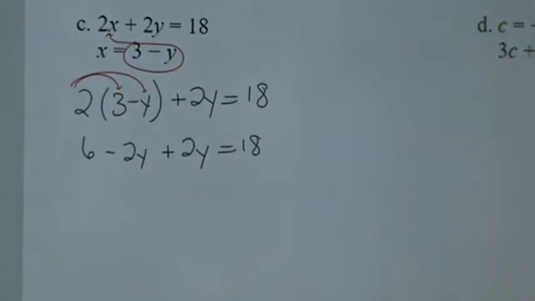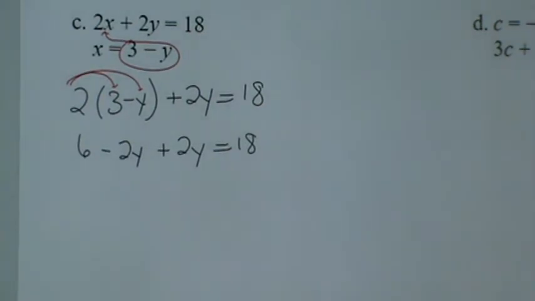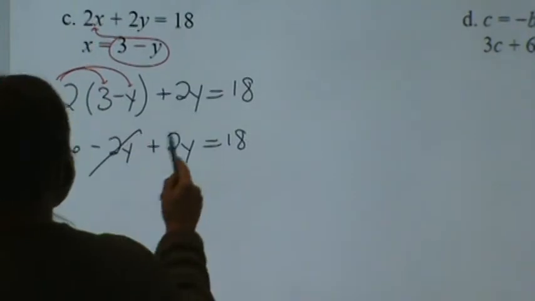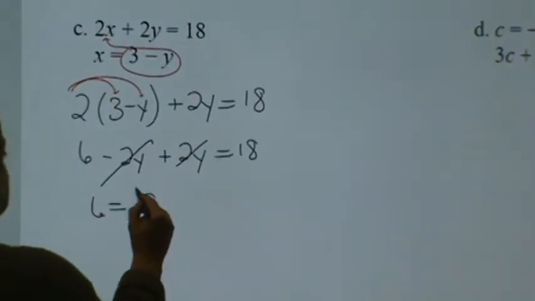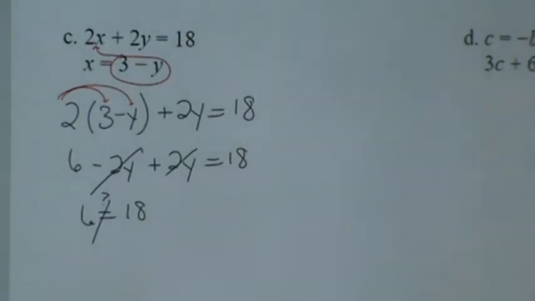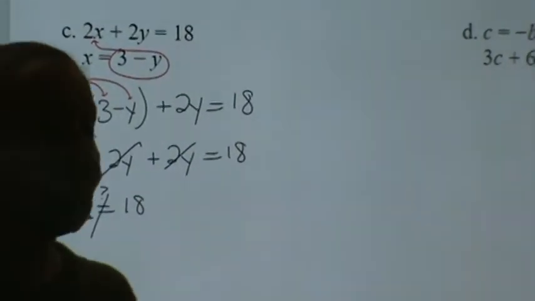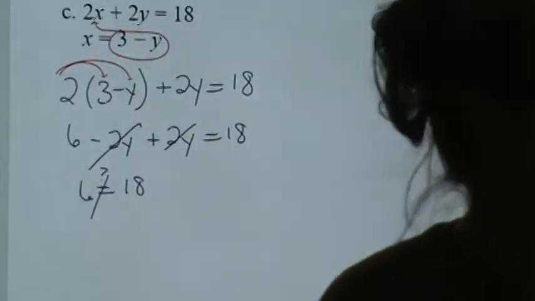Now what happens on this guy? The y's cancel out, because -2 plus 2 is 0, and you're left with 6 equal to 18? Can't. So that's not wrong. You guys did this correctly, but how do you interpret it now?